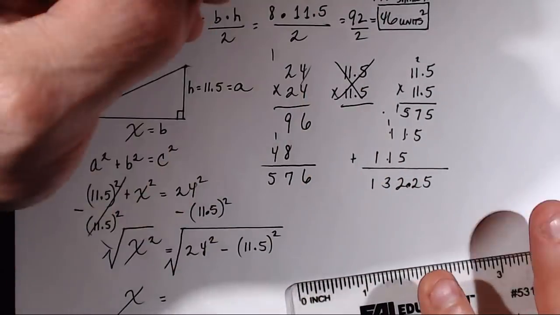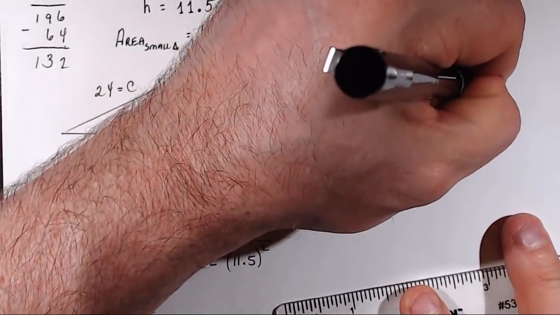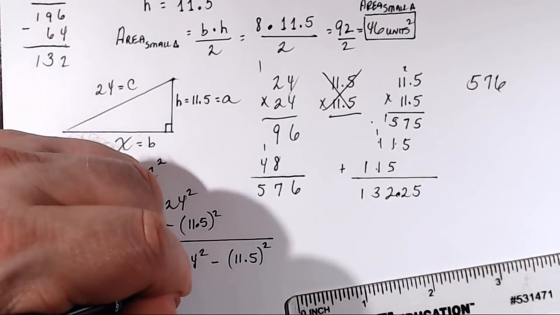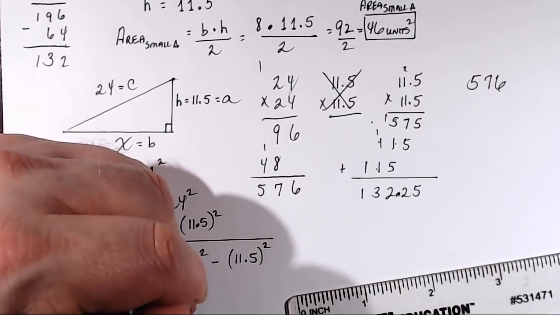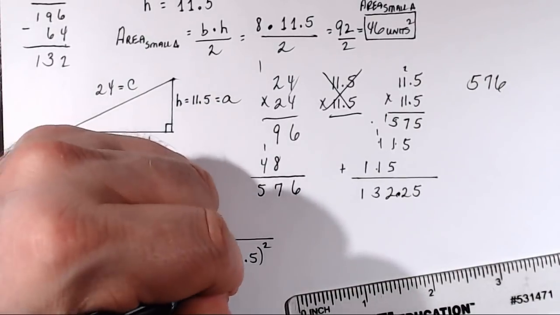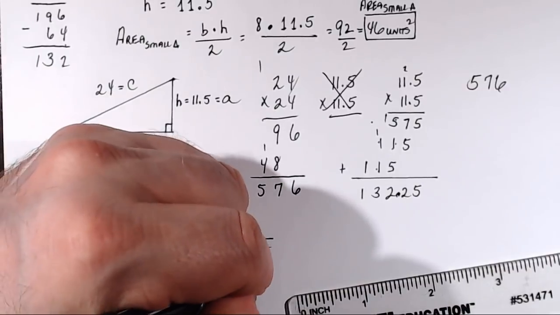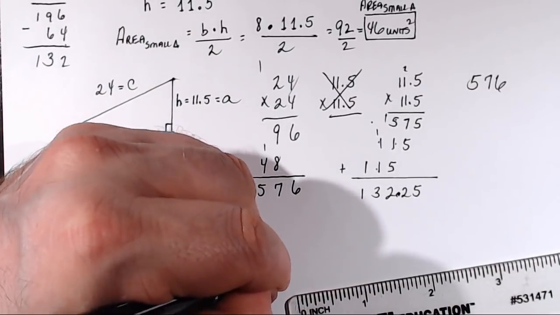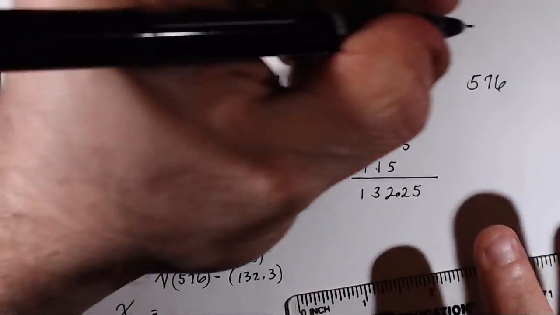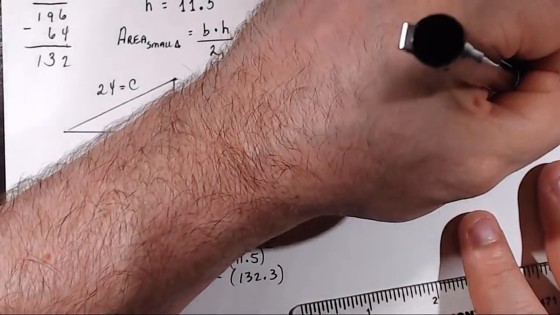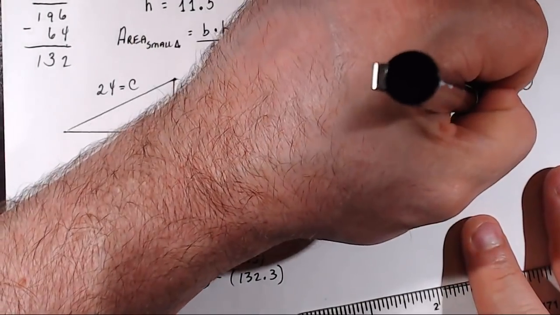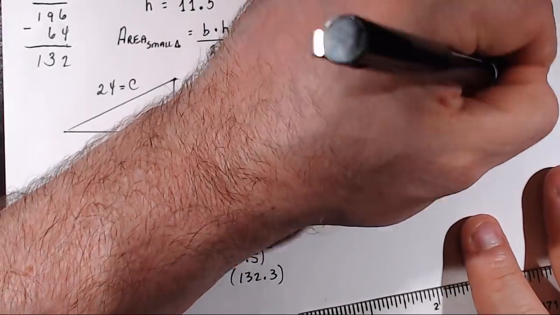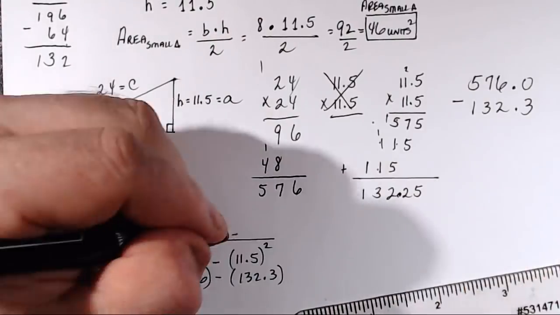I don't know. So now I need to take 576, because look, this is 576, minus 132.3. All right. So now I've got to take 576.0 minus 132.3.